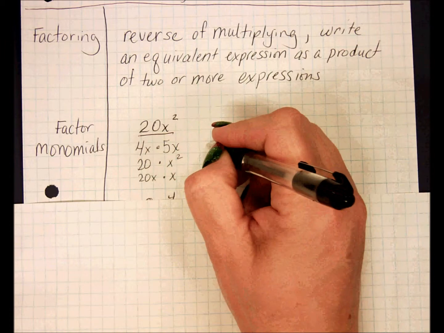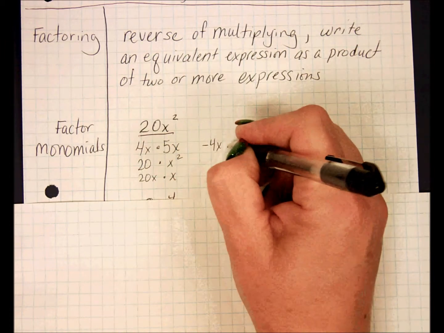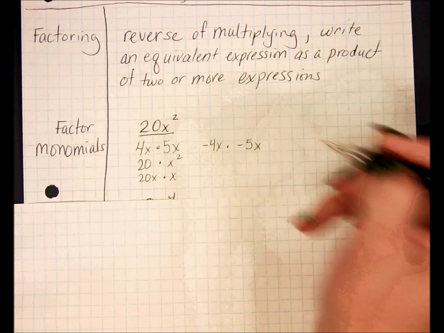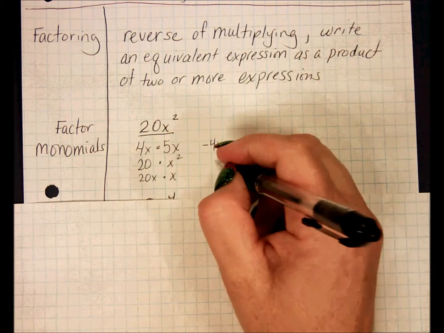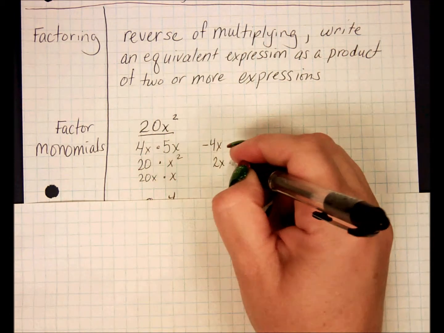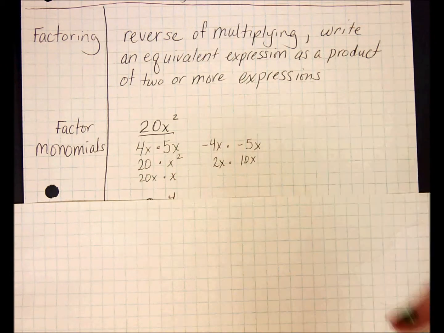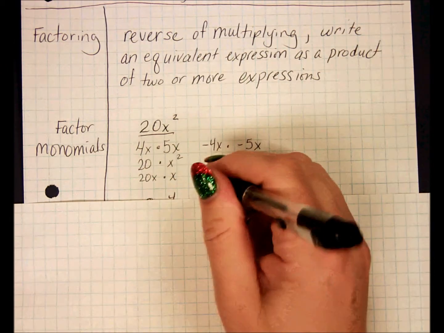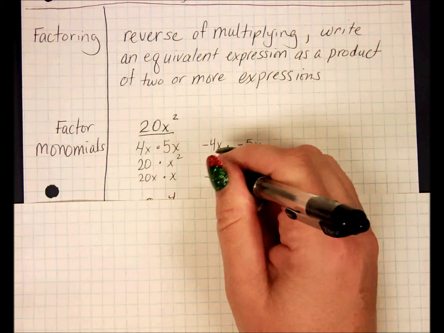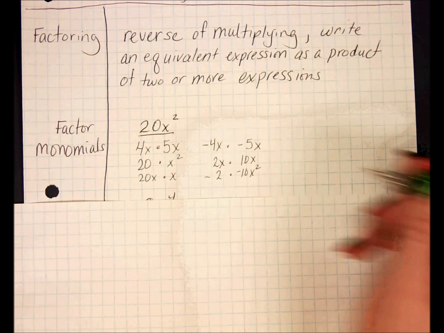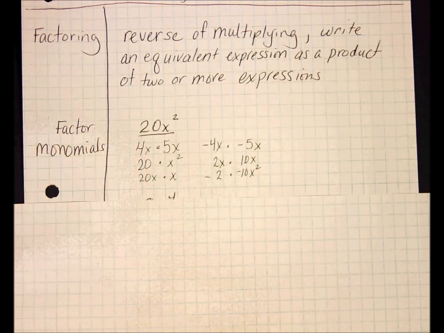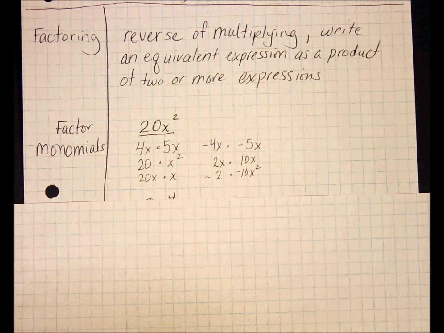Might be negative 4x times negative 5x. There's quite a few possibilities. 2x times 10x. Negative 2 times 10x, negative 10x squared. So anything that when it multiplies together gives me 20x squared.